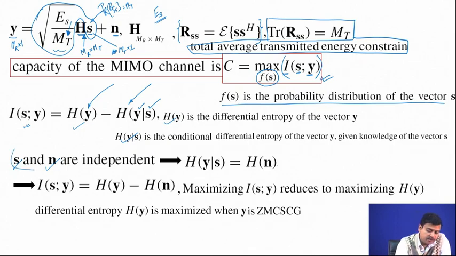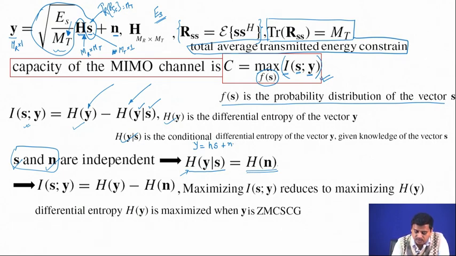This is one of the assumptions, it is kind of obvious, but still it is important, which leads to the condition on H of Y given S, because Y is equal to HS plus N. So, we could write that the differential entropy of Y given S is equal to that of N, right.